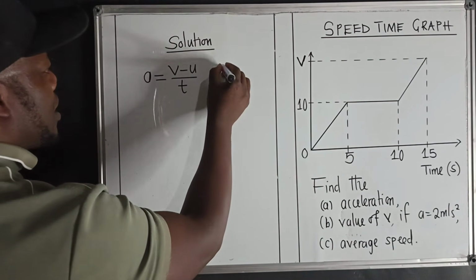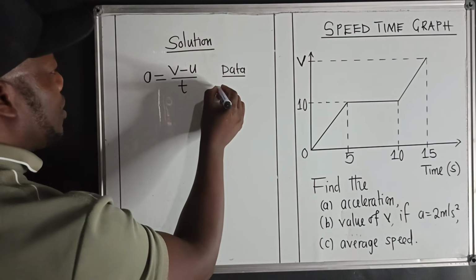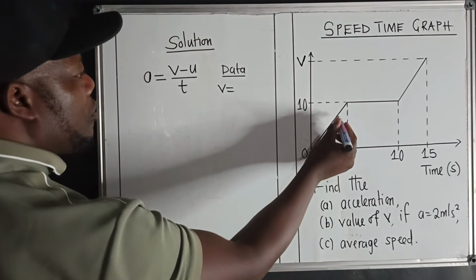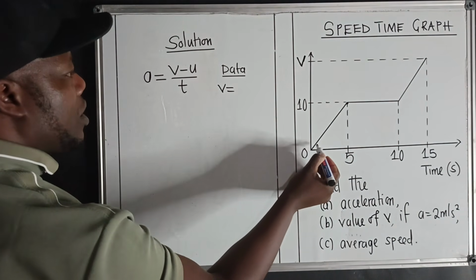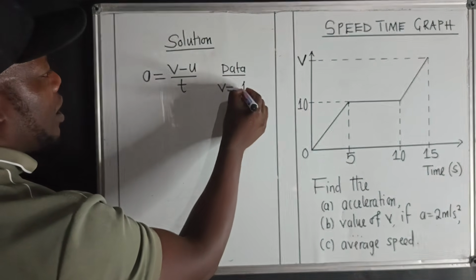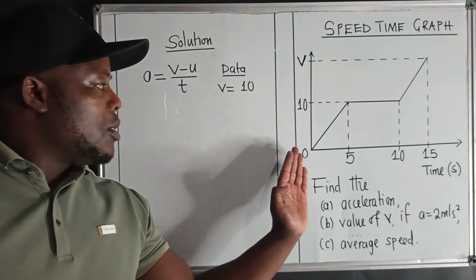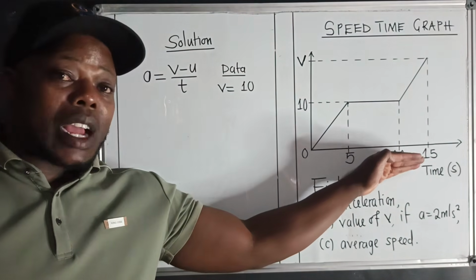So we gather our data. What is our V? Our V is the final velocity right over here. You can see it started accelerating from here all the way to here. So our V is 10. We always get the velocity on this side, and down here it's time.